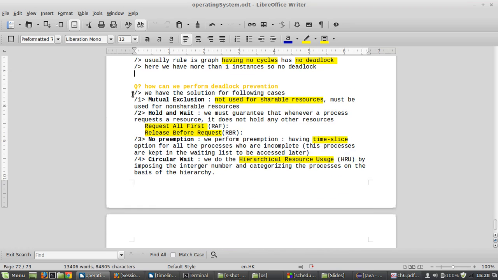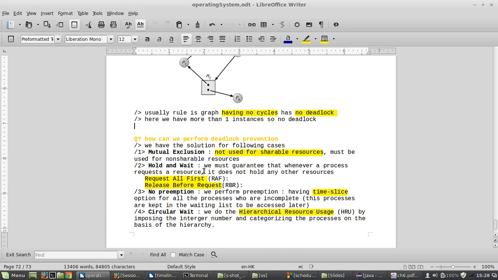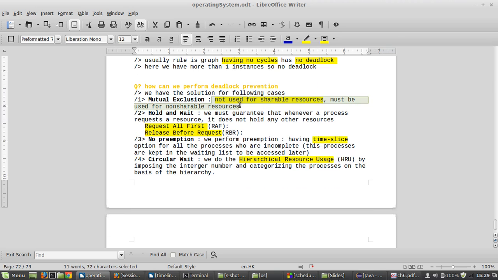So how do we perform deadlock prevention then? The occurrence of deadlock was due to these 4 conditions, right? So we can also prevent the deadlock by avoiding these 4 conditions. In mutual exclusion, we will not use mutual exclusion in the case of shareable resources, so we prevent the deadlock situation.